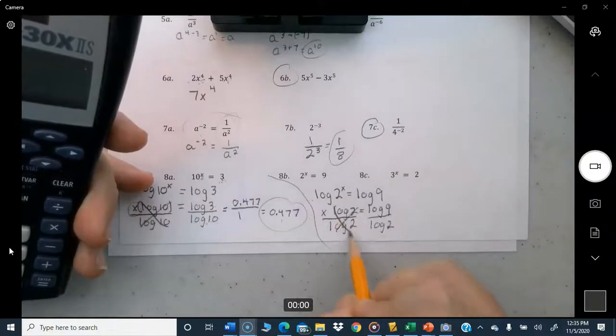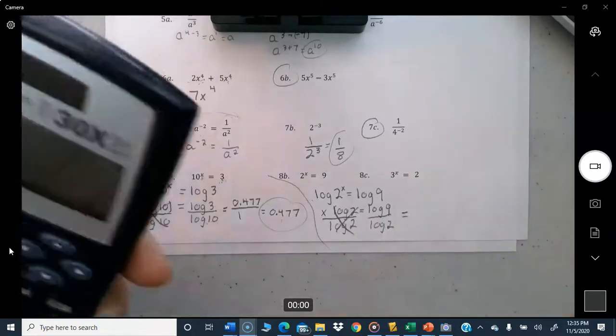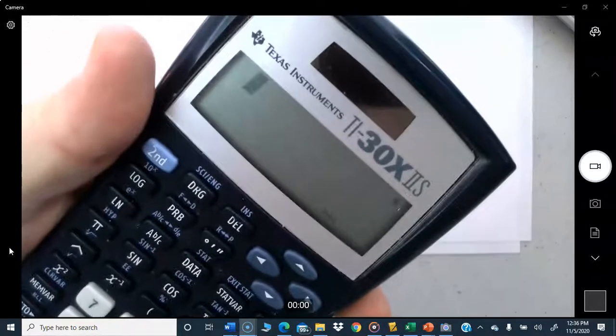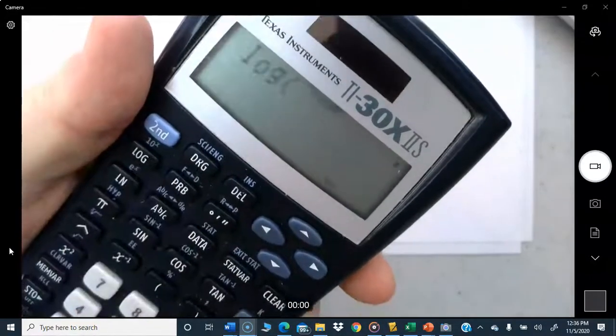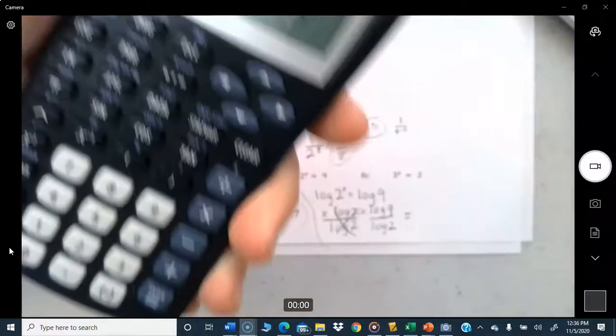And log 2 cancels on this side, so you have x equals log 9 over log 2. Let's go ahead and compute those. Okay, so log 9, close the parenthesis, gives us 0.954.